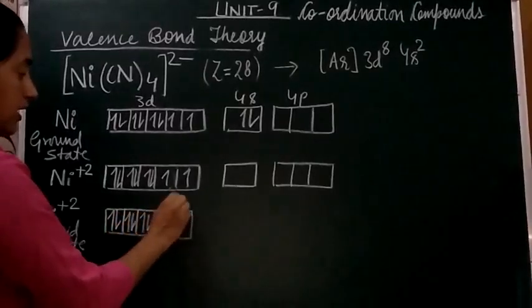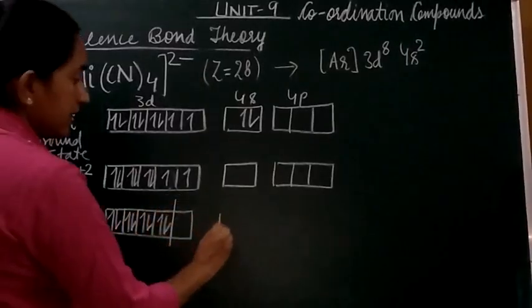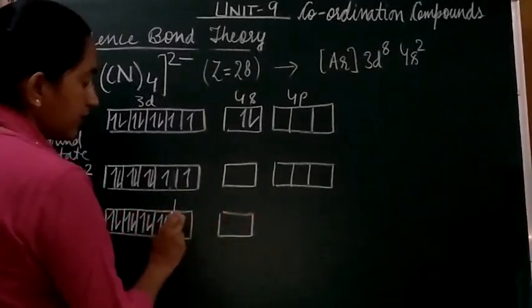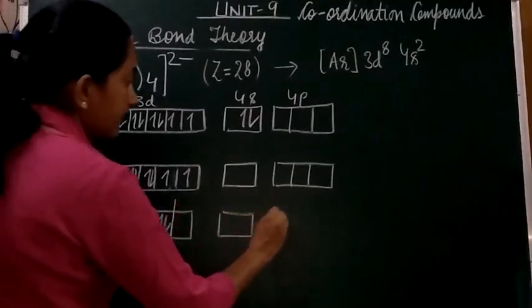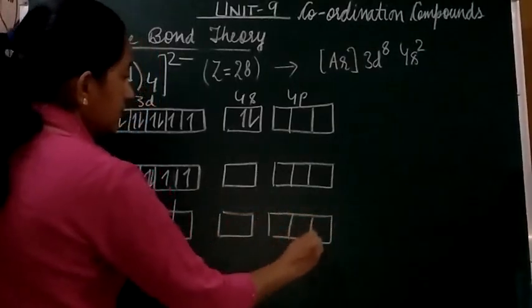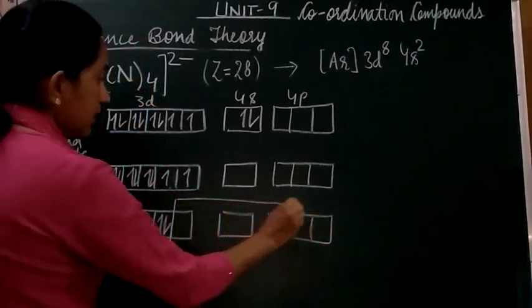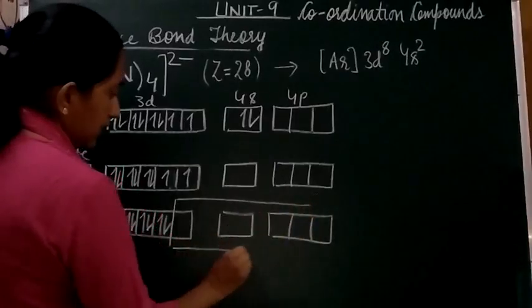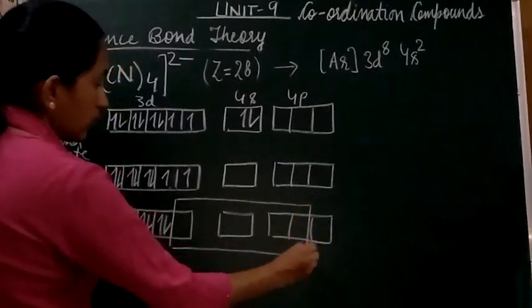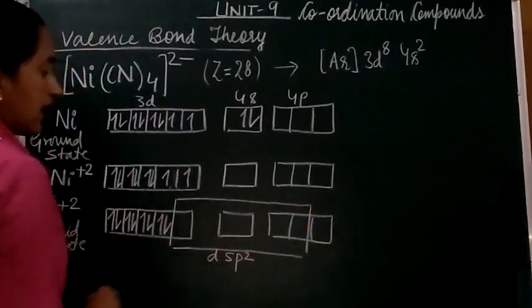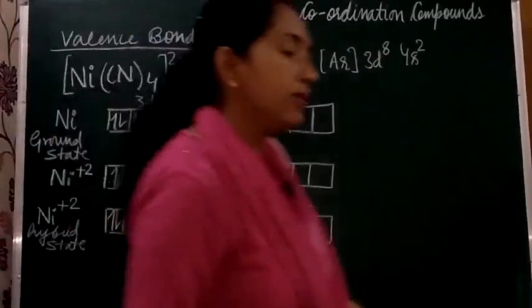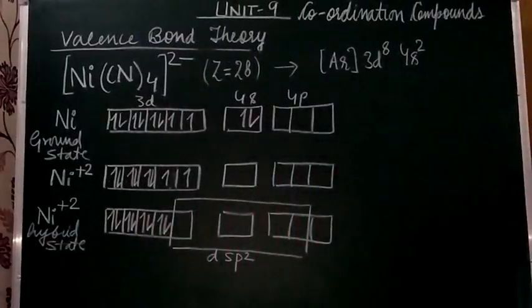So that here we are getting 1 vacant d orbital available for the hybridization. So the hybridization which will be shown is going to be dsp2 hybridization, right?